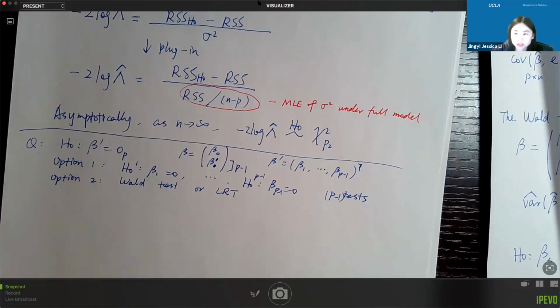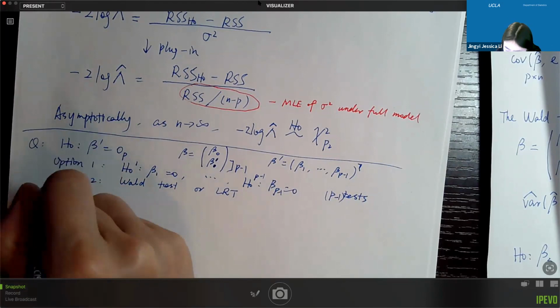But here is the thing. Not rejecting the null does not mean we believe beta 1 is 0. It means the decision is inconclusive, or indecisive. We cannot say anything, but it doesn't mean we accept the null to be 0. That's a very important aspect to think about when you interpret hypothesis testing results. So, as Nathan said, very good point.